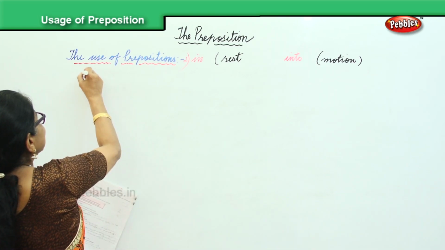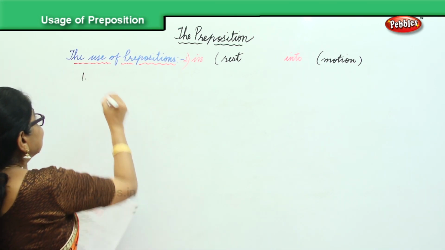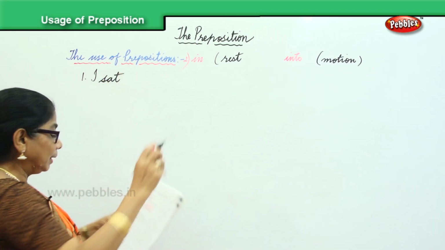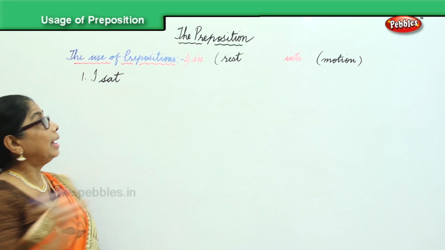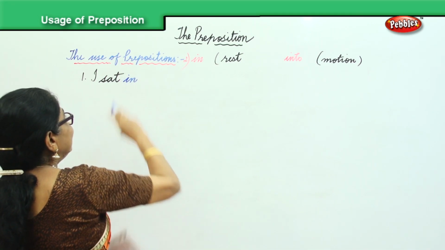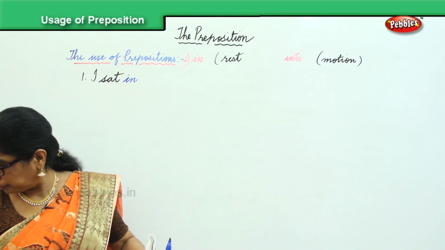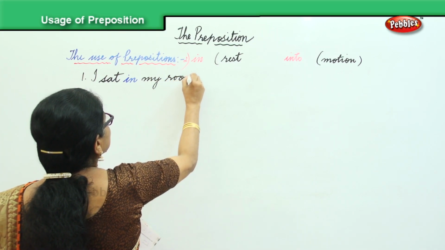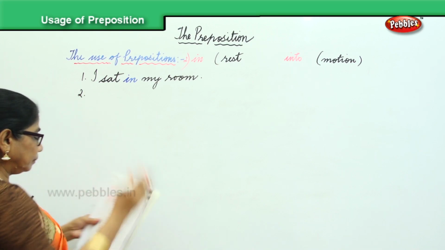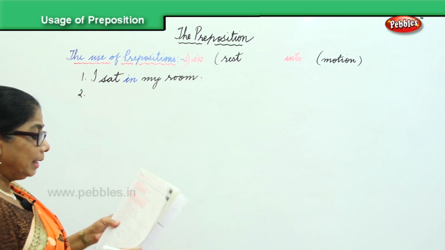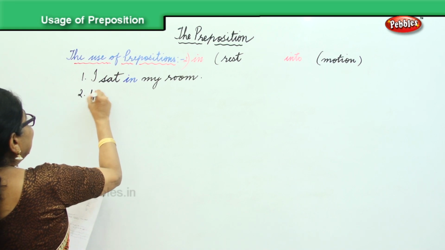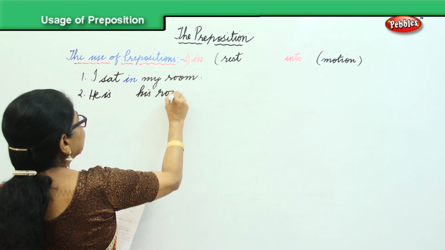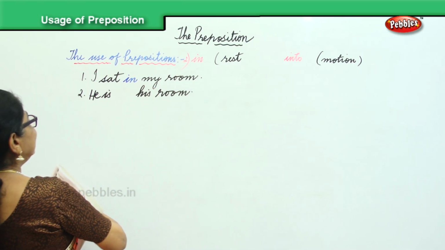Now, let's look at the sentences we have here. I sat in my room. Next we have, he is in his room.